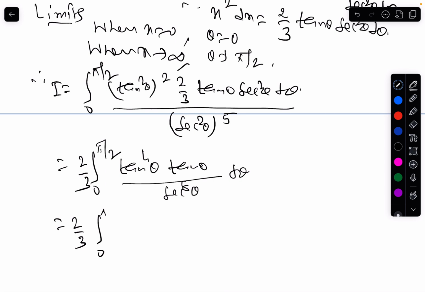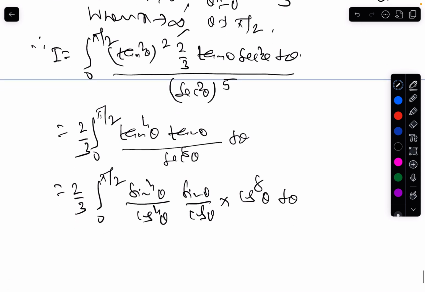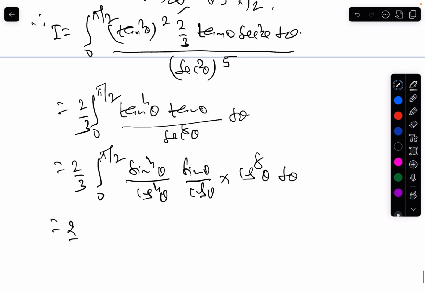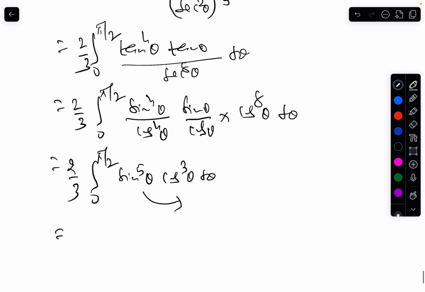So 2 by 3, 0 to pi by 2. This is sine power 4 theta over cosine power 4 theta. This is sine theta by cosine theta. And this is cosine power 8 theta. So this is 2 by 3 integration 0 to pi by 2 sine power 5 theta cosine power 3 theta d theta, and then use the reduction formula.